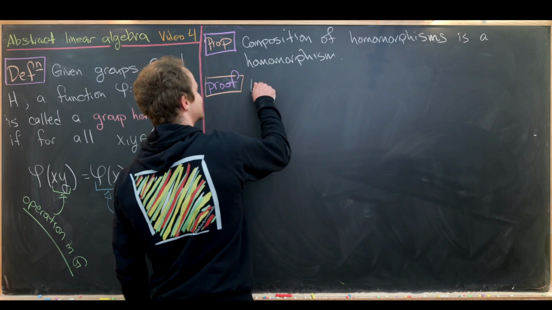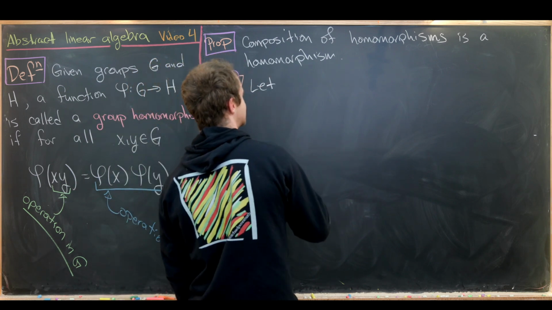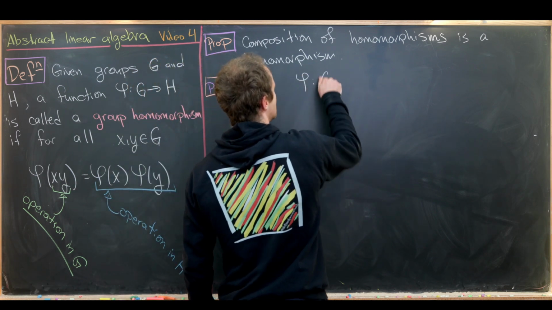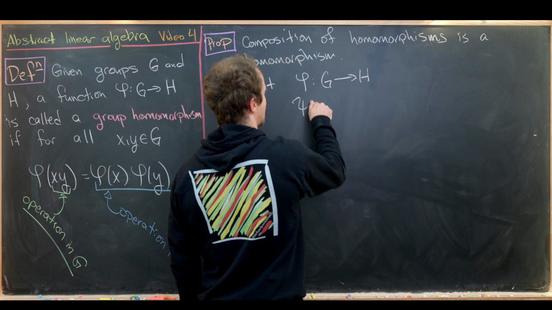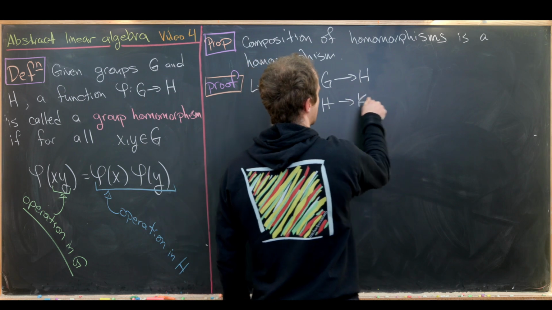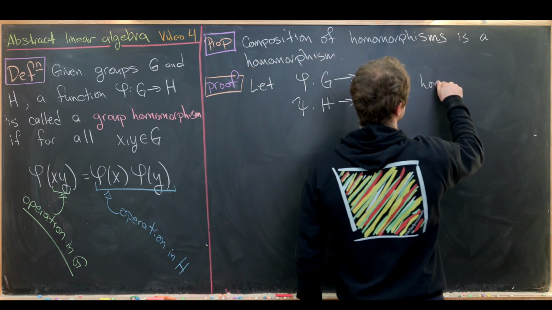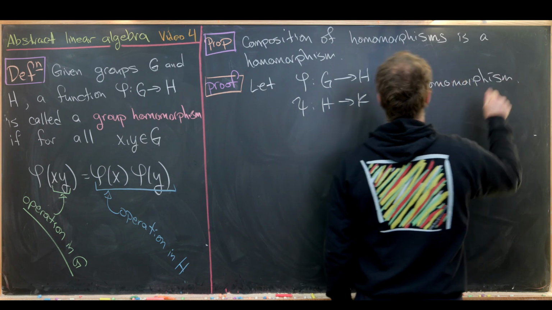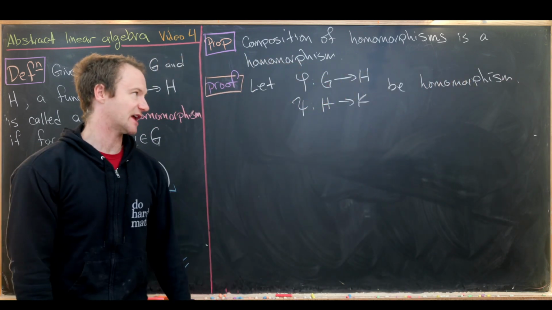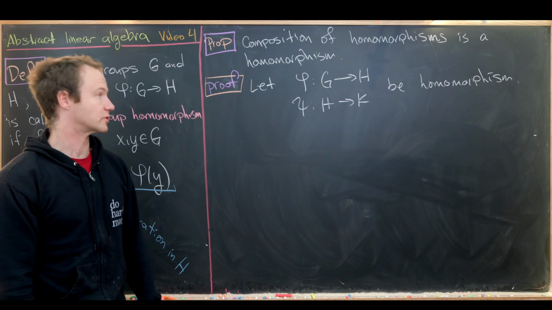Okay, so let's give ourselves a setup. Let phi go from G to H, and psi go from H to K, be homomorphisms. Underlying all of this is that G, H, and K are all groups.